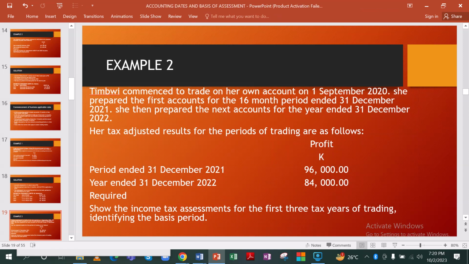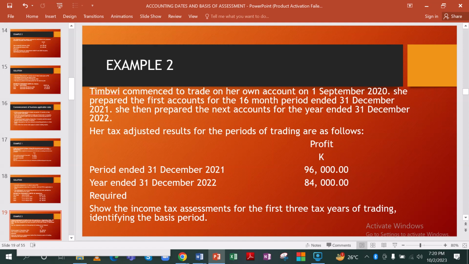Fine. Now, what is it that we're supposed to look at? We realize that in this case, we are told Timbwi commenced trade on 1st September 2020, and she prepared the first account for 16 months to 31st December 2021.